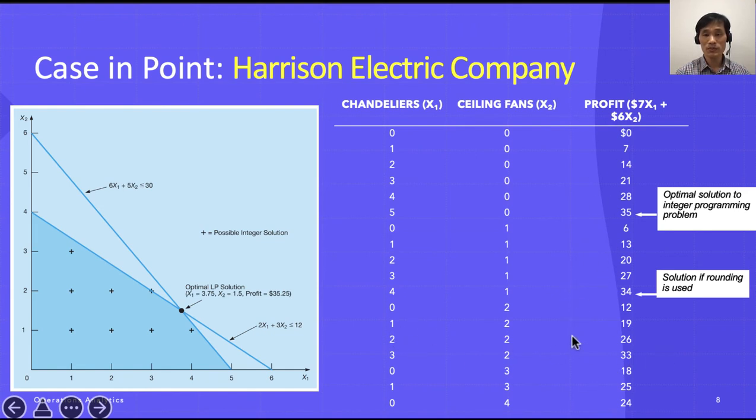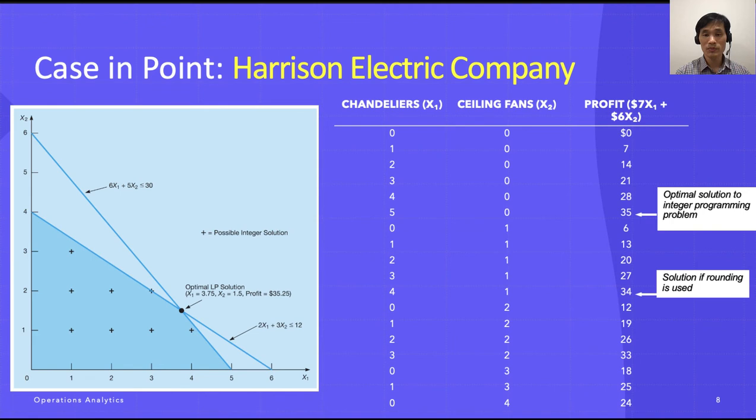And we find that if you just round up 3.75 and 1.5, then you might have 4.2, which is just outside of the feasible area. So you may not be able to produce this point at all, and it is not possible.